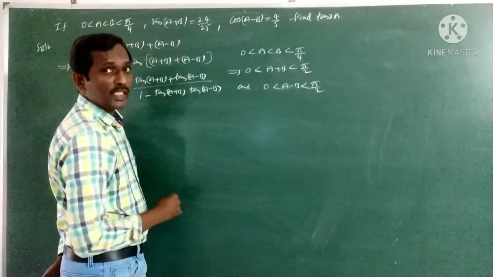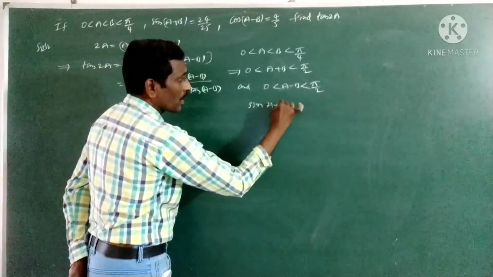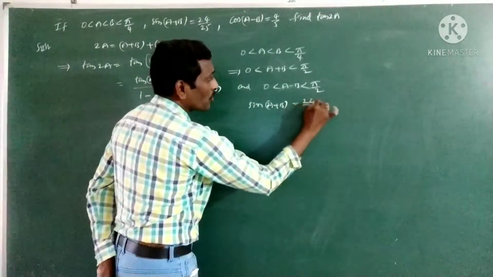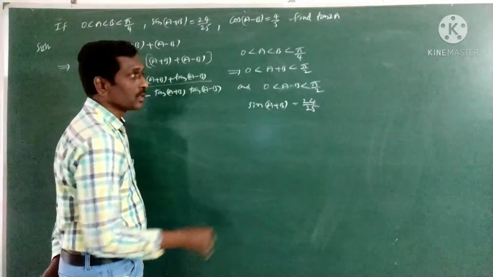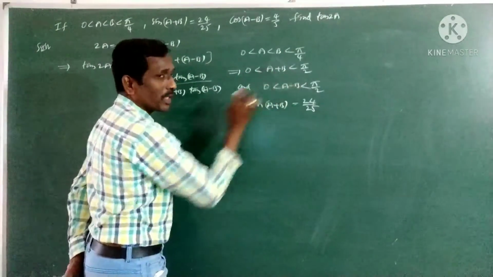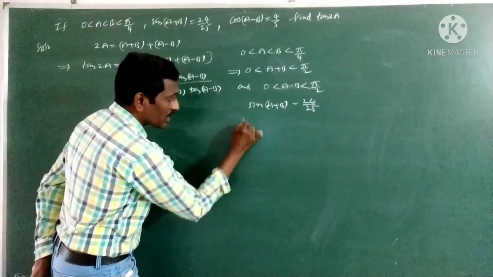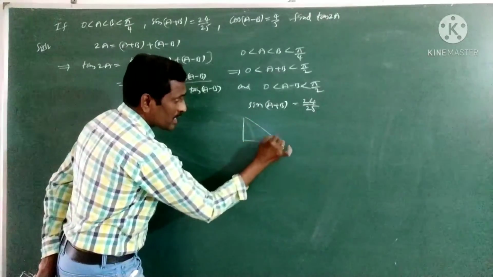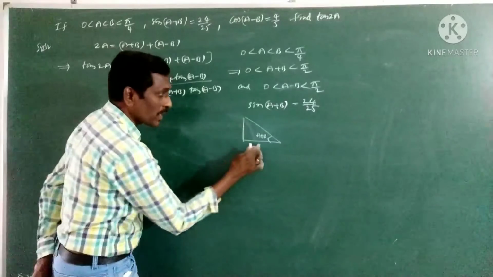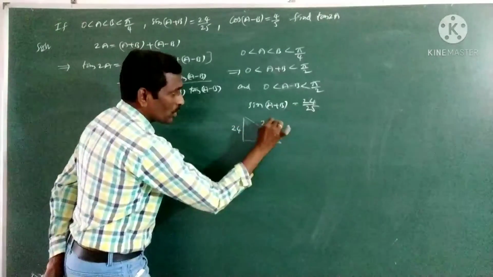Sin of a + b is given as 24/25. So in which quadrant does a + b lie? Between 0 and π/2, nothing but the first quadrant. If I prepare a triangle for the a + b angle, the sin function is given as 24/25.